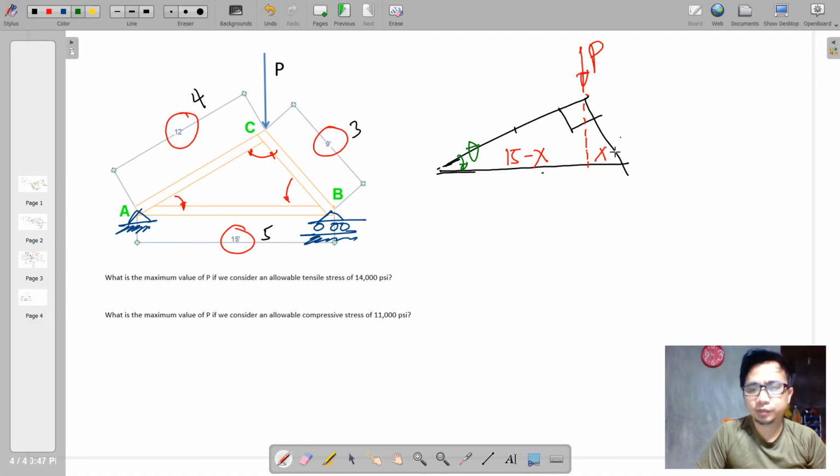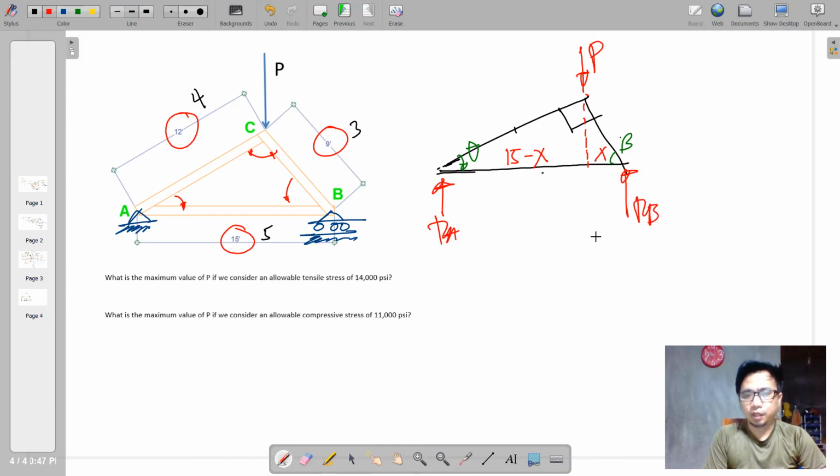Say this is theta and this angle is beta. Why do we need these dimensions? Because we are going to take moments to obtain the reactions, and these reactions shall be in terms of P. So there will be RA in terms of P and the reaction at B. That is why we need to determine the value of x.